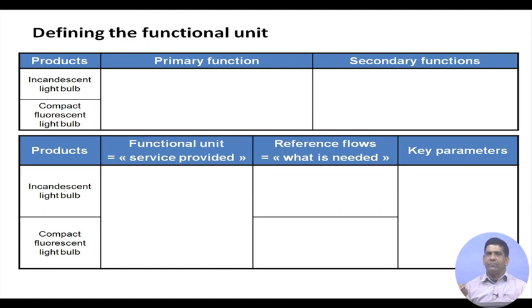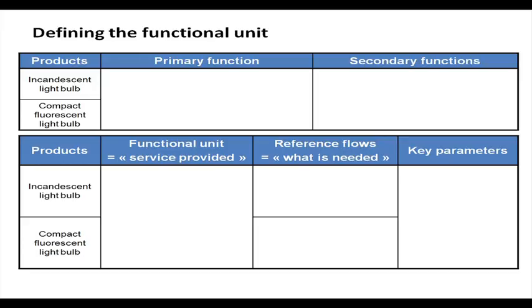My goal is that by the end of this example, you should be able to do an LCA exercise, at least conceptually. Of course, you will need some computational help in terms of software. So coming back here, we have to find the functional unit. Now how will we do that?